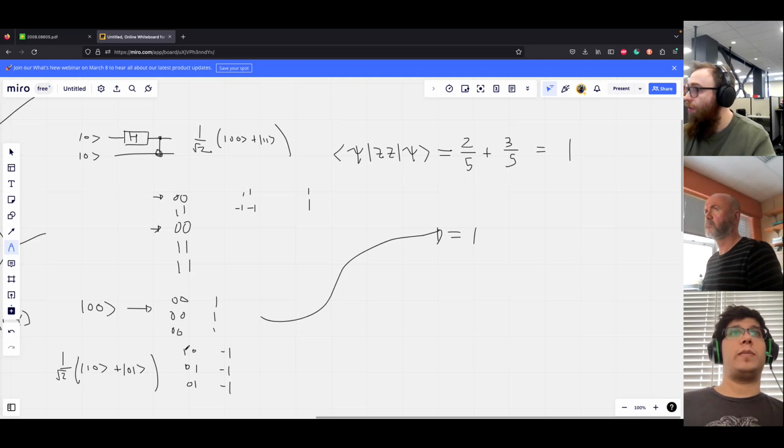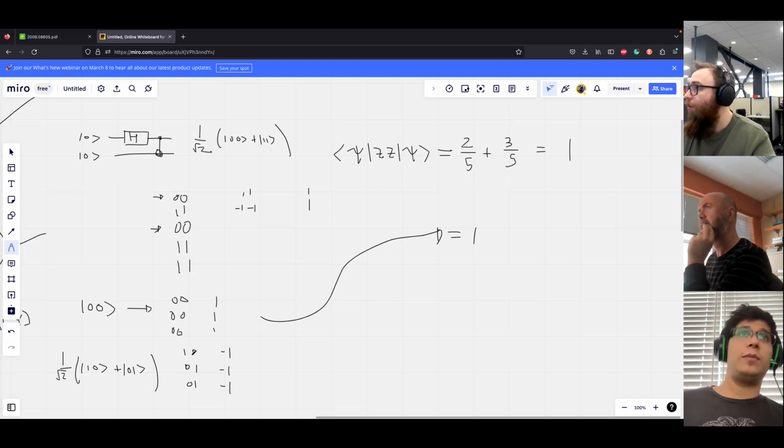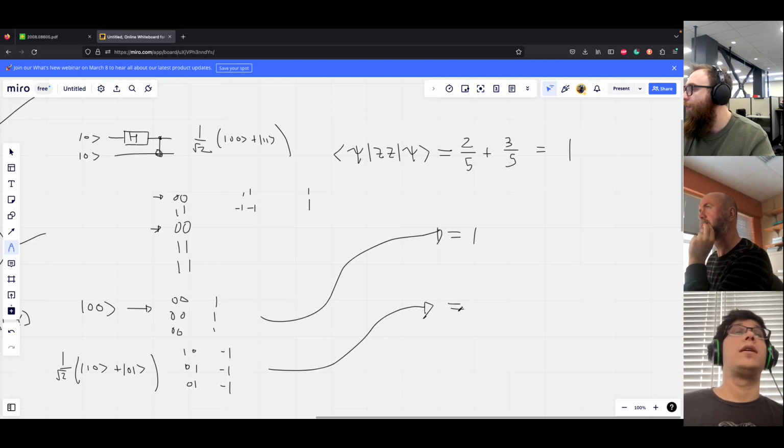Right? Because the 1 corresponds to a -1, and the 0 corresponds to a 1. I multiply that and it gives us a minus sign. In this case, I get -1/3, -2/3.